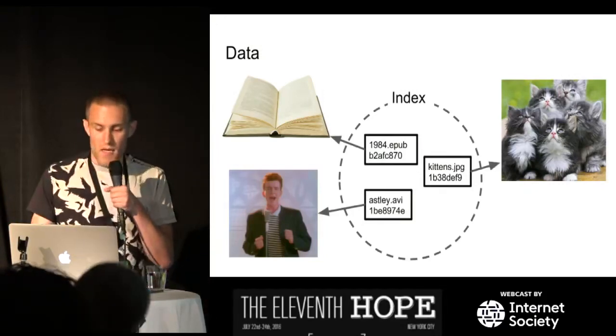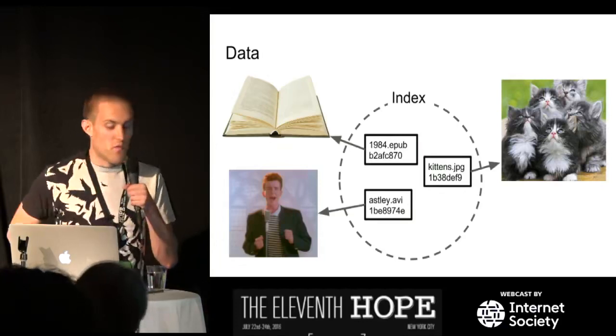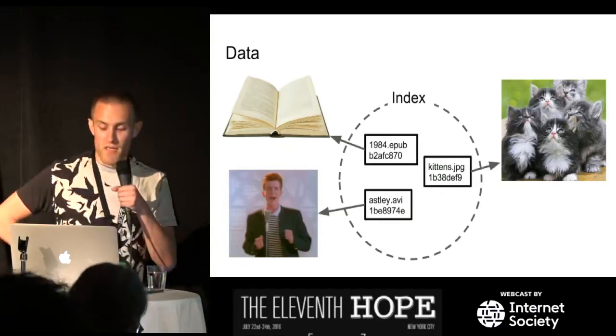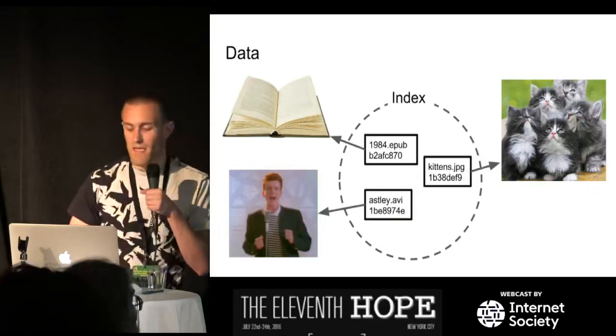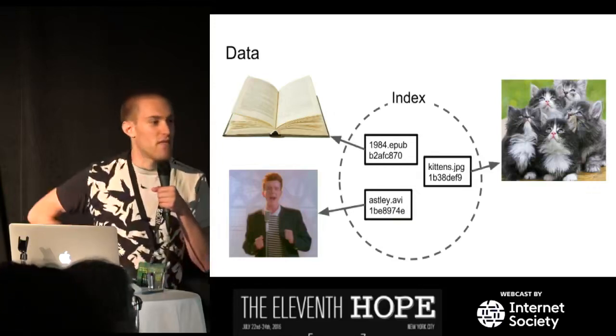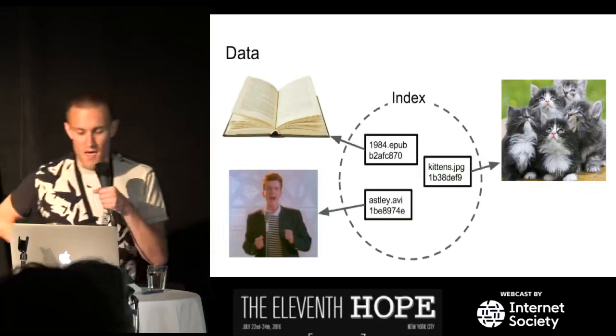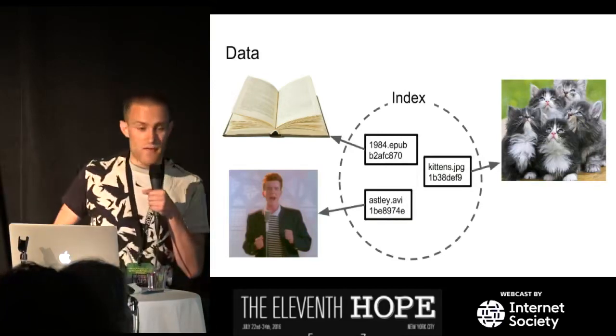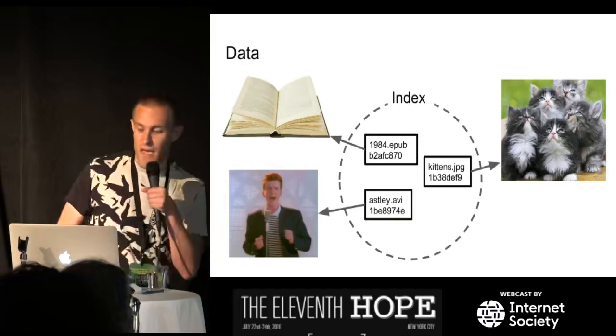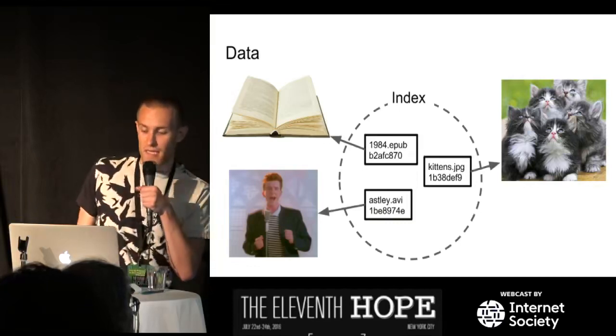So owners of the system will be able to make contributions to the index. And the index is more or less the new and interesting thing that I'm doing. You can think of the Pirate Bay as a centralized index of files, and I want to make a decentralized index.